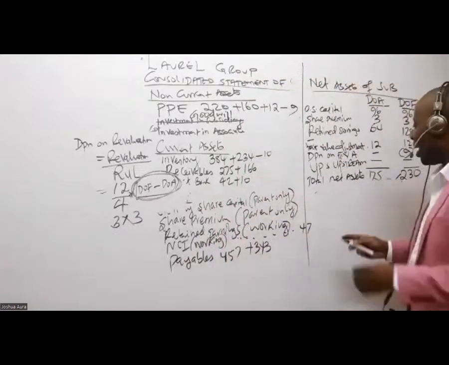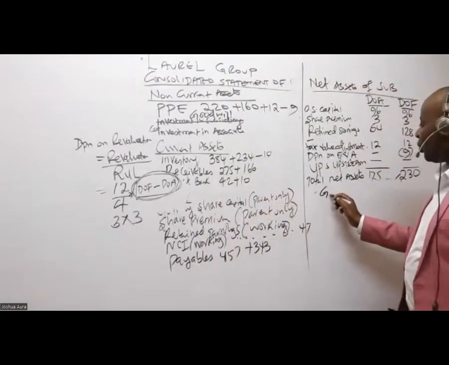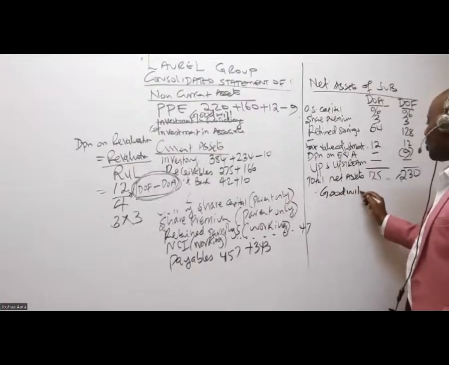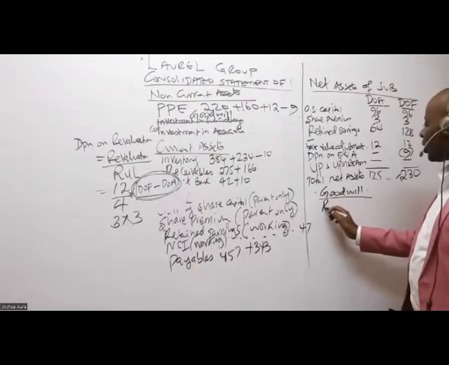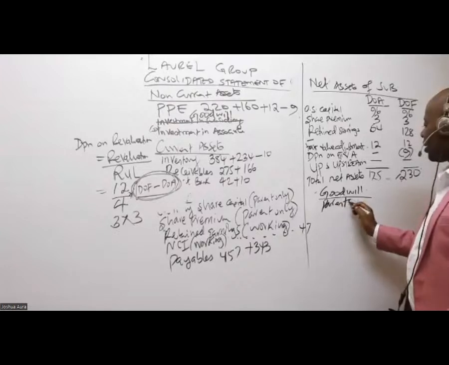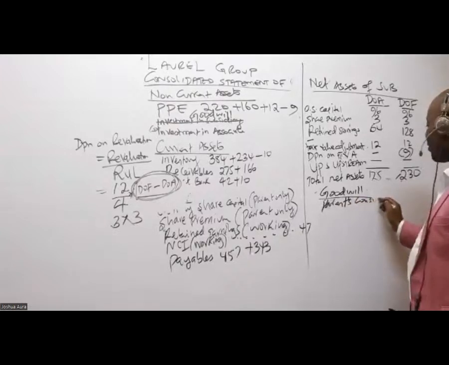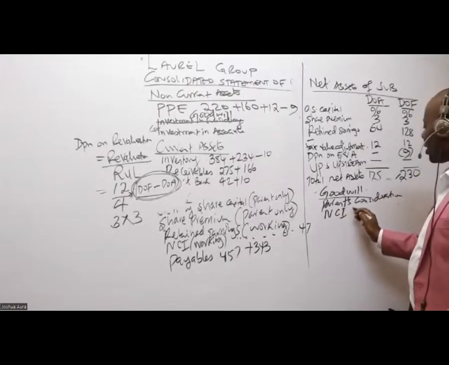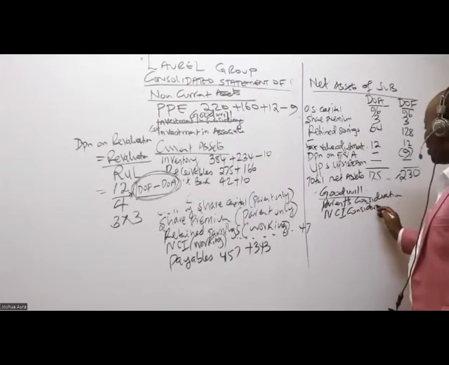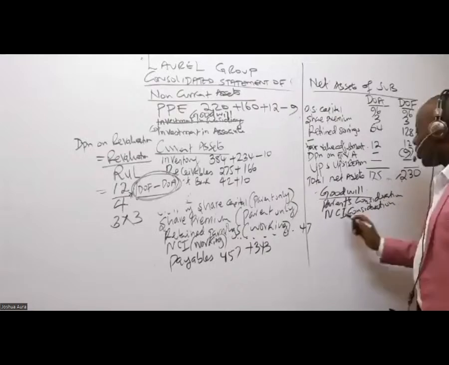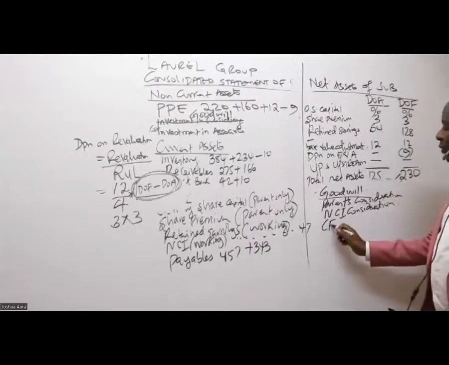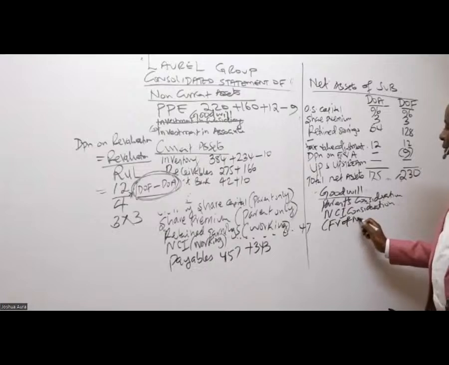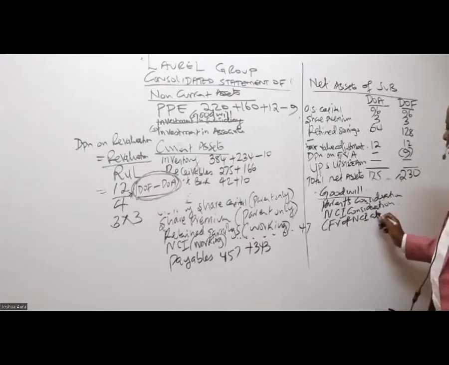So in this case here, I will mention goodwill. Very easy. I look at the parent's consideration. Then I have the NCI consideration, which is the same as the fair value of NCI at acquisition.